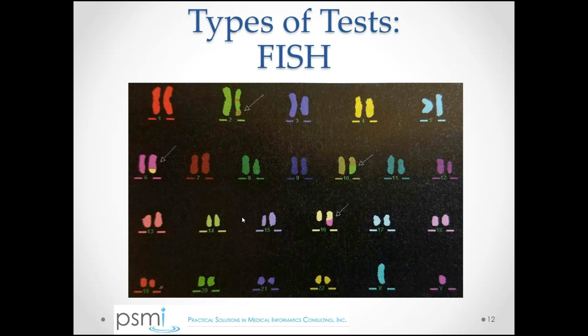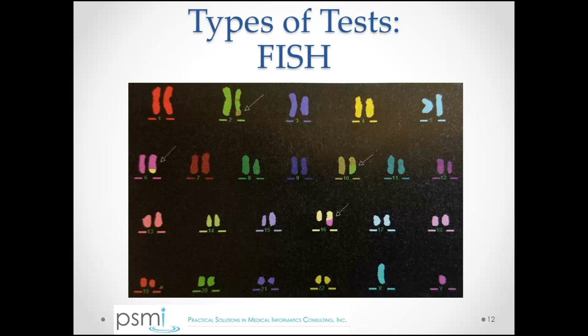There's also multicolor FISH, where the probes for different chromosomes are designed to have different fluorescent colors. That allows you to do something like a fancy schmancy karyotype, a spectral karyotype, if you will, with FISH.